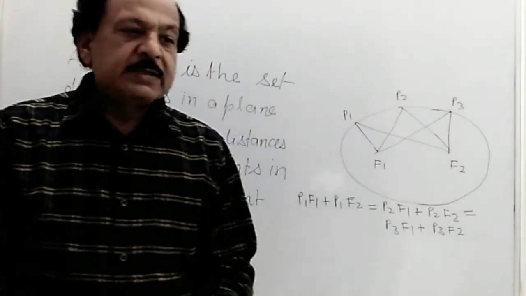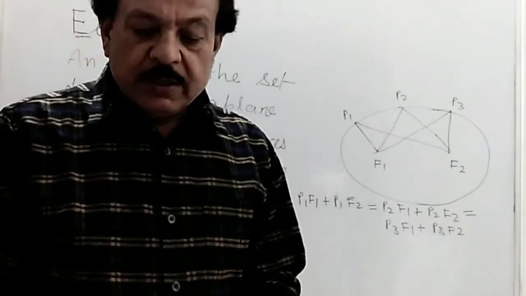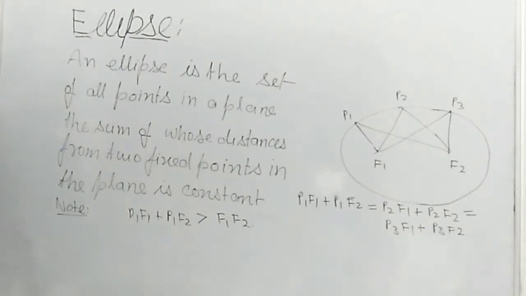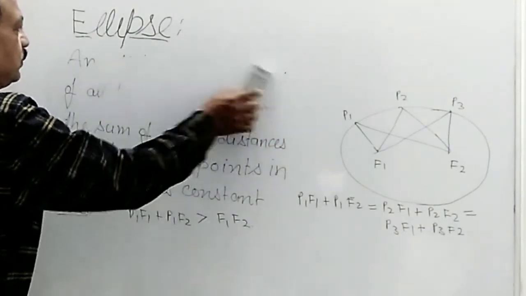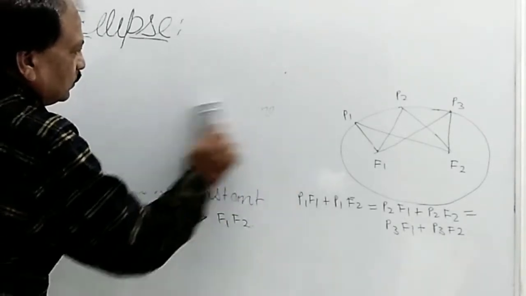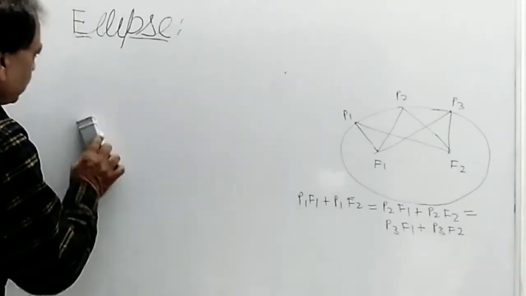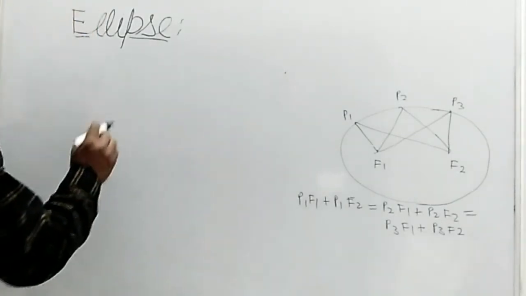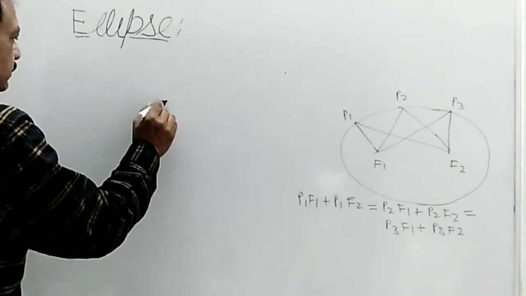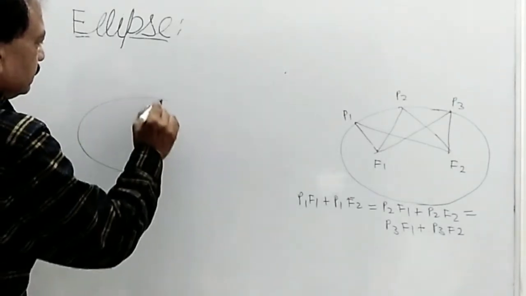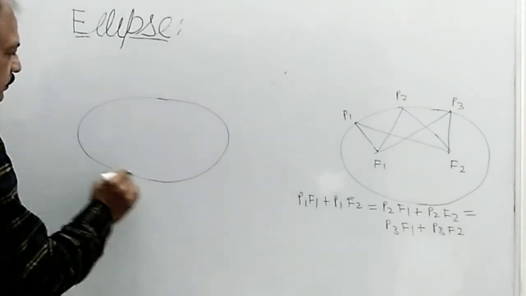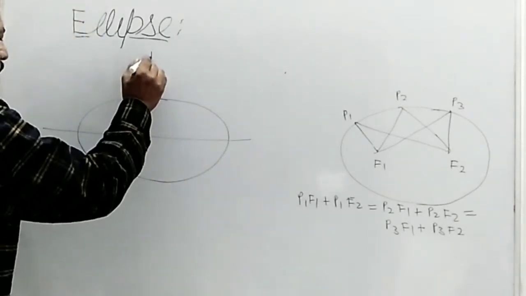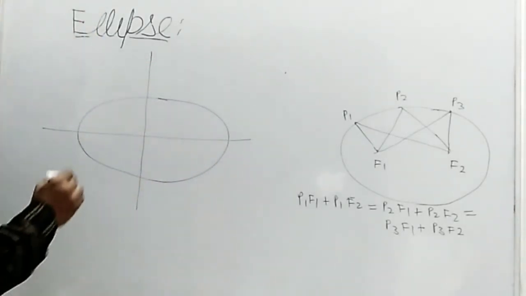So now let us see some of the parameters of the ellipse. Here you see, now consider the ellipse.